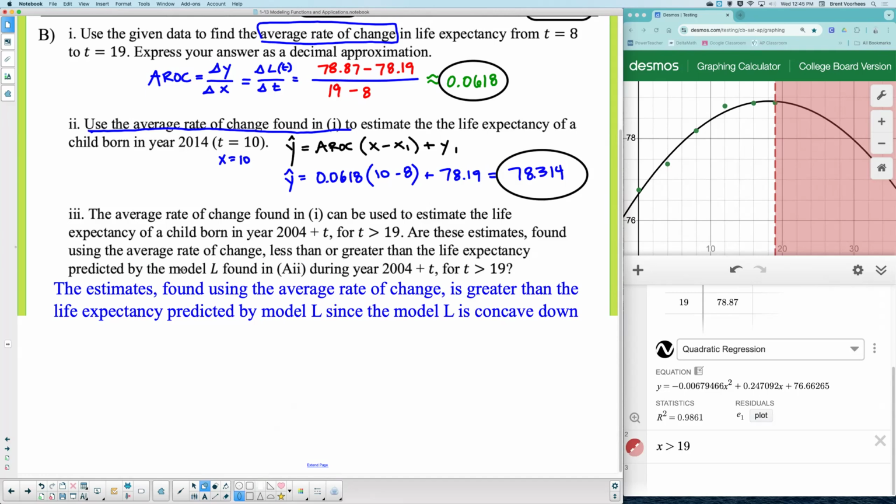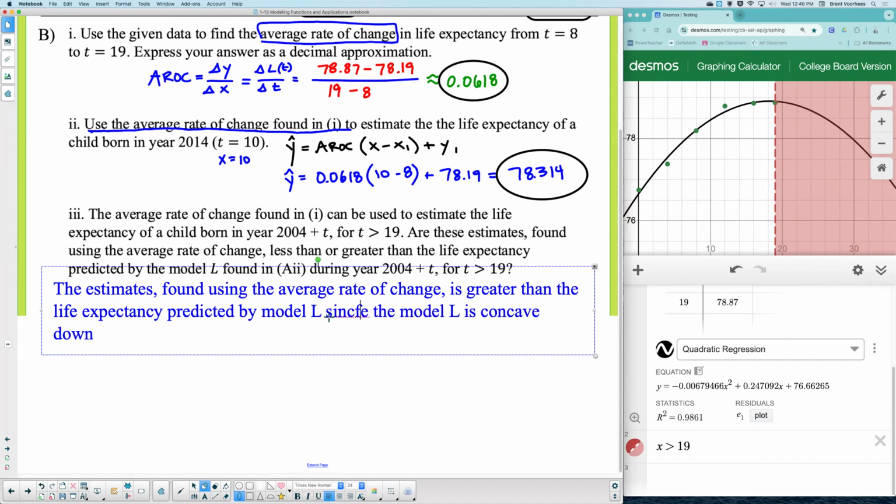I just basically copied those sentences. By model L, I didn't put the when or for T greater than 19. Here's the since. Since this model is concave down, the average rate of change would be increasing or decreasing?